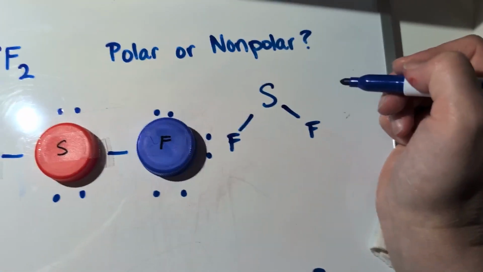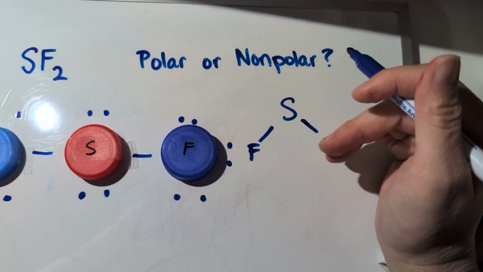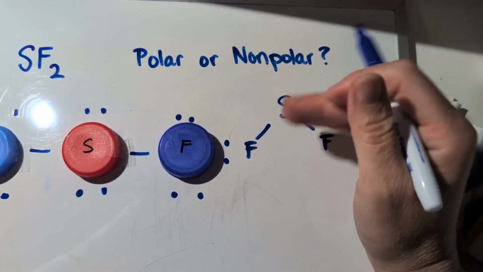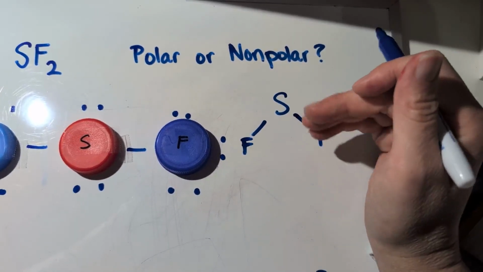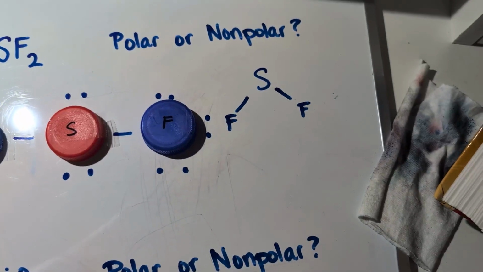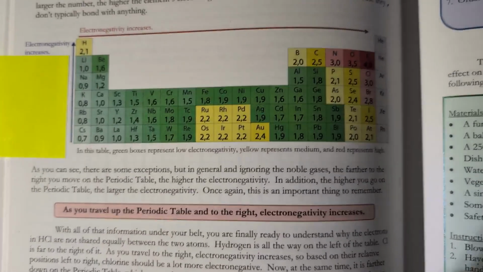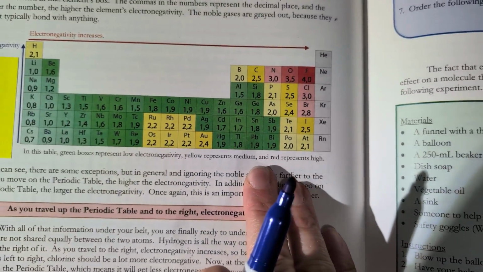So the thing we have to figure out if it's polar or nonpolar is, is there just a direction of one direction where things are being pulled, or multiple directions to make it unbalanced? So in the book, there is a nice little chart that helps you as you're getting used to this electronegativity stuff.